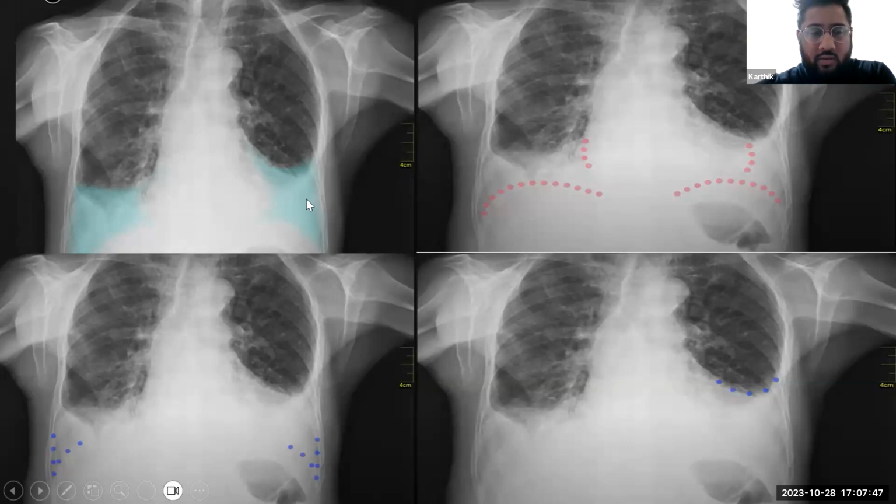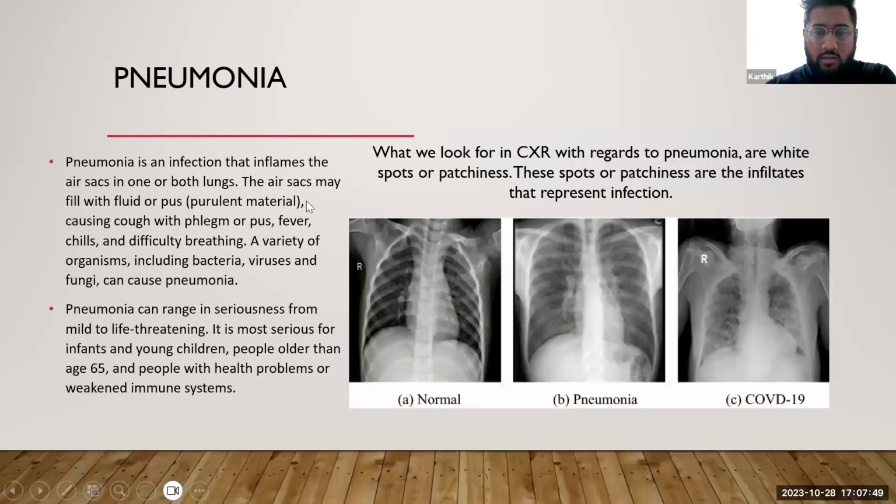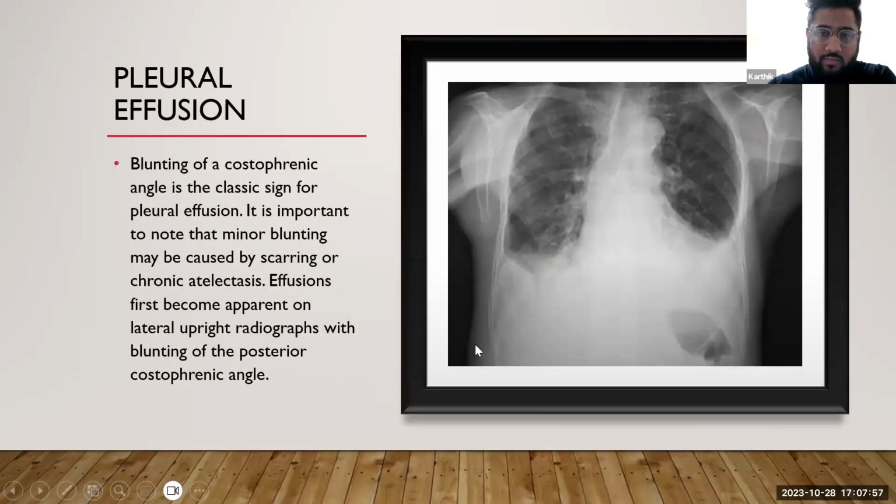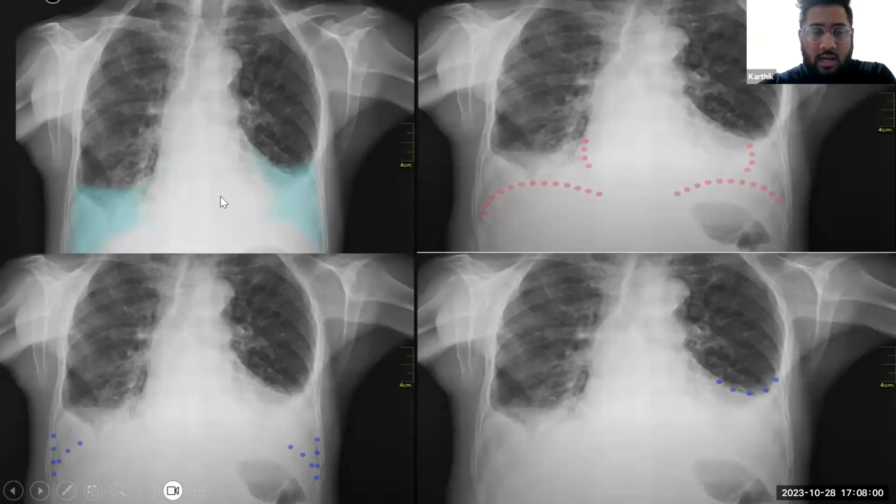Basically, instead of the normal structure, let me go back. Here, for example, you're seeing the opacities. Well, let's use this X-ray. We're seeing opacities here and here, indicating pleural effusion. We also have blunting or complete disappearance of the costophrenic angle here, indicating a pleural effusion.